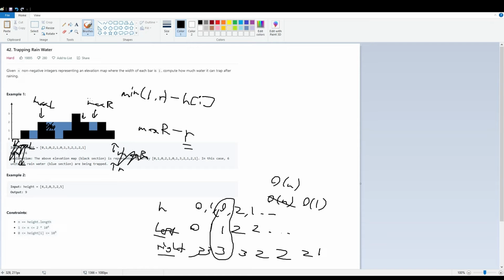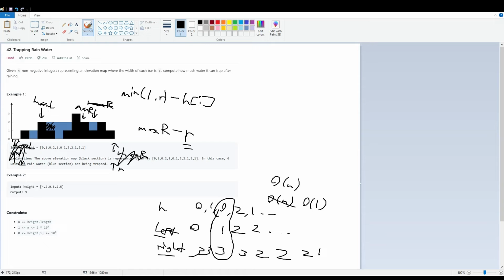Since this is already the limiting edge, we do max r minus the regular r, and since it turns out this value is going to be negative anyway, we just ignore it and round it up to 0. And since this is higher than max r, we're going to update max r to be here.